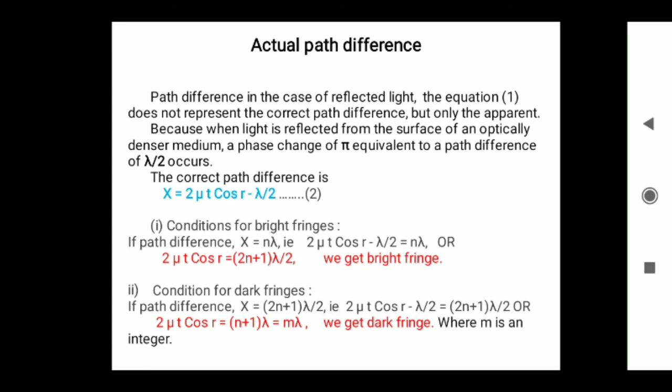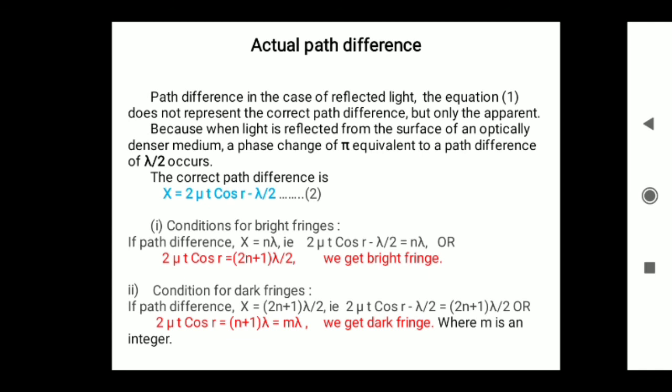If the path difference x is equal to an integral multiple of lambda, that is 2 mu t cos r is equal to (2n plus 1) lambda by 2, we get a bright fringe.